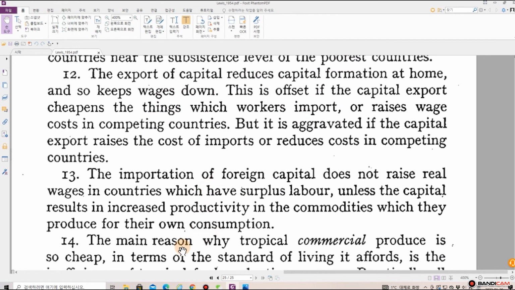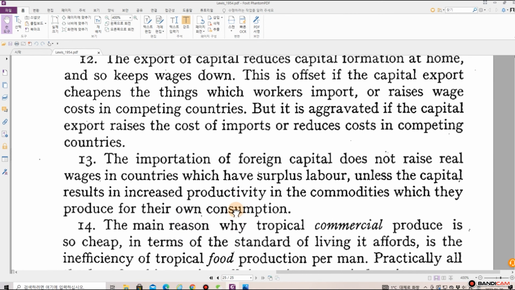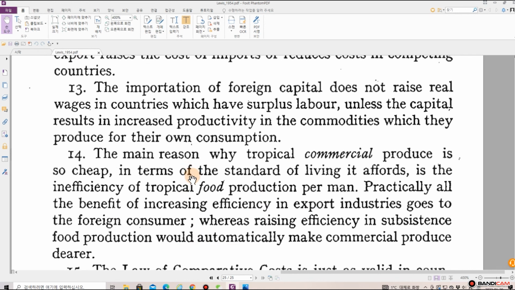12. The export of capital reduces capital formation at home, and so keeps wages down. This is offset if the capital export cheapens the things which workers import or raises wage costs in competing countries, but it is aggravated if the capital export raises the cost of imports or reduces costs in competing countries. 13.